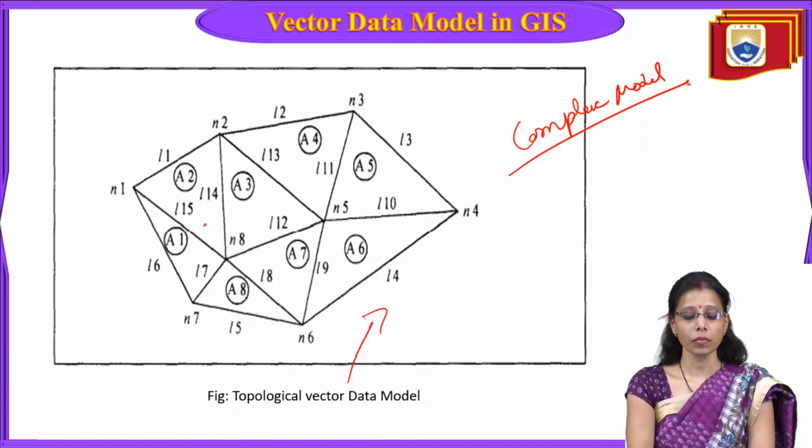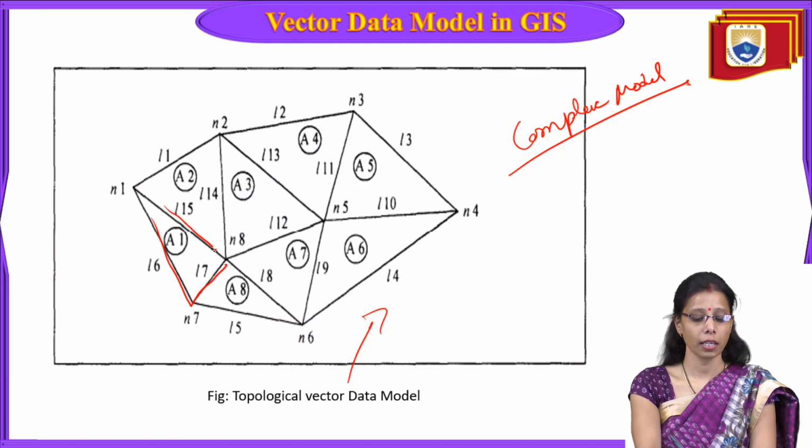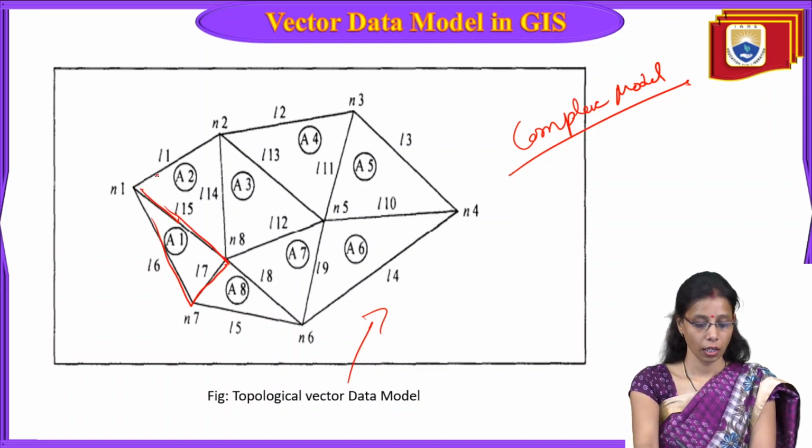Now if you observe here very clearly, this is A1, and the second one is A2, the third one is A3, and the fourth one is A4.